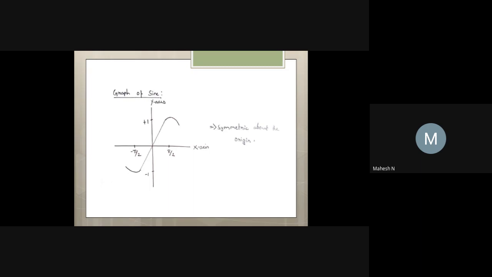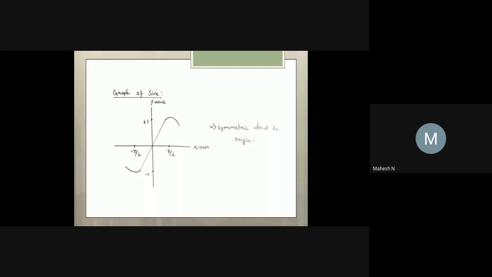Here we can see that the distance is the same, one in the positive direction and one in the negative direction. We take the value of sine of pi by 2, and we see that we get the high point of the curve at +1 on the y-axis.